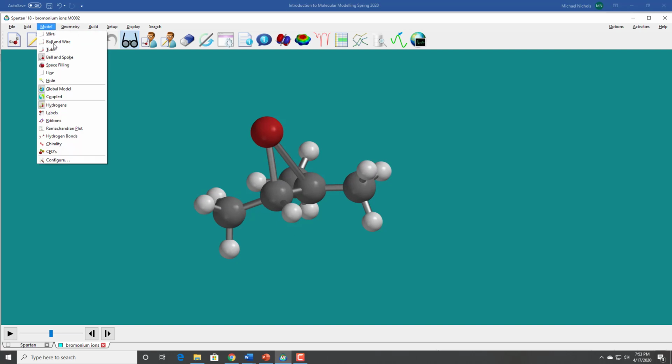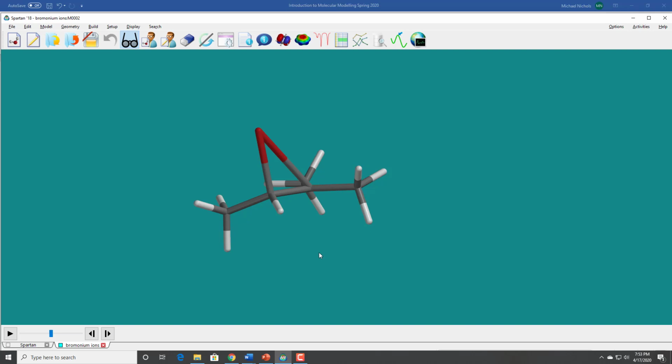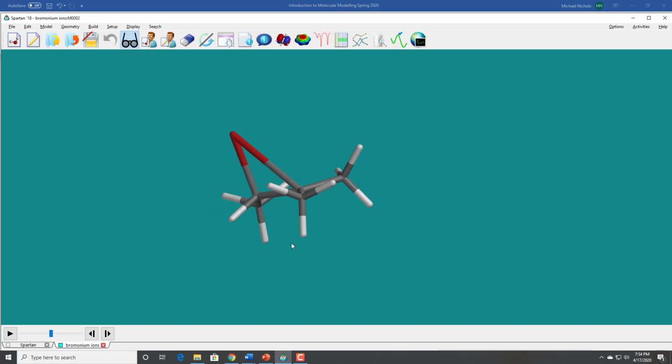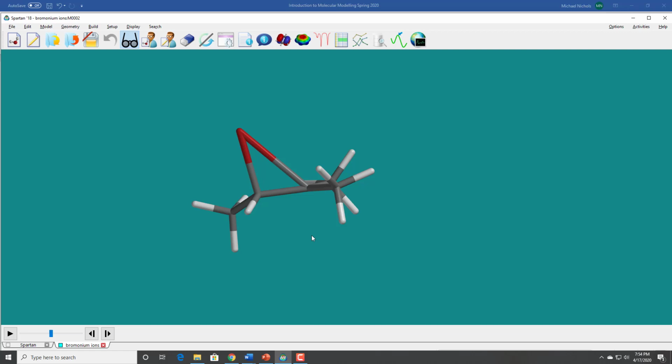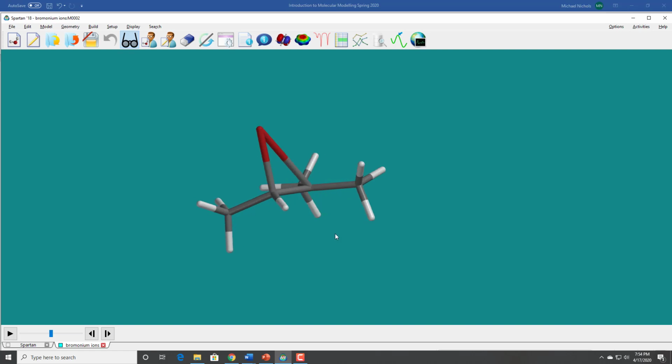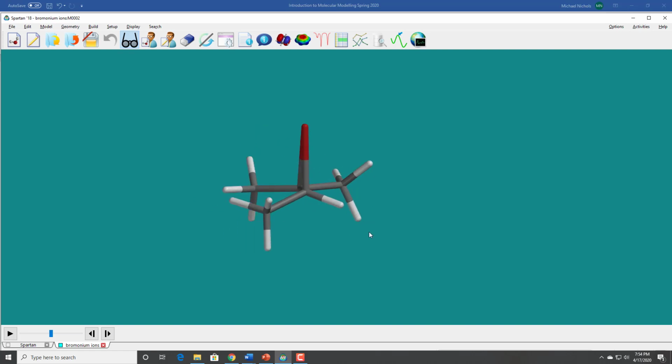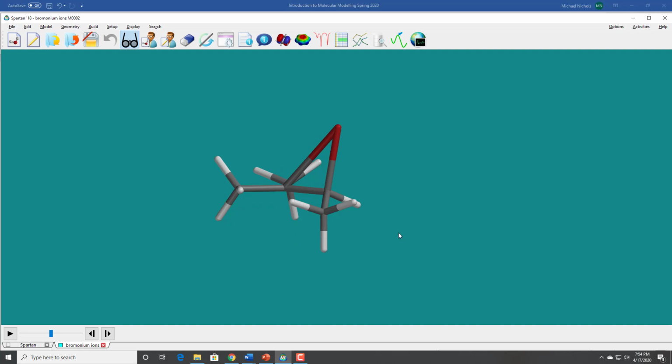What does the hybridization of this carbon right here with the 2 methyl groups look like versus the hybridization of the carbon with just 1 methyl group? So if you look at that, what would you say those geometries are as I rotate around this molecule?